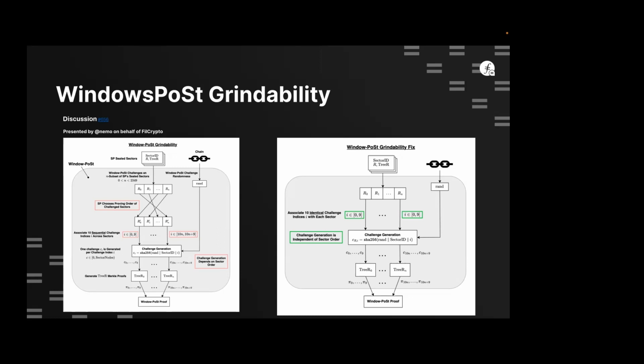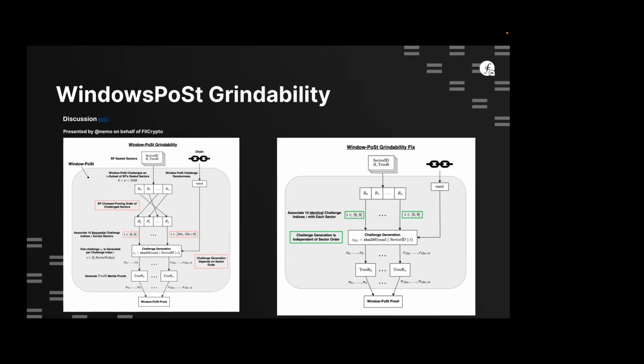The red box on the left at the top illustrates that this is the problem. If a service provider can choose the ordering for the sectors in the window post, it's a problem because there exists a relationship in how the challenges are selected based on that order. Because of that, if somebody were trying to game their challenges, they have some input to what those challenges are.